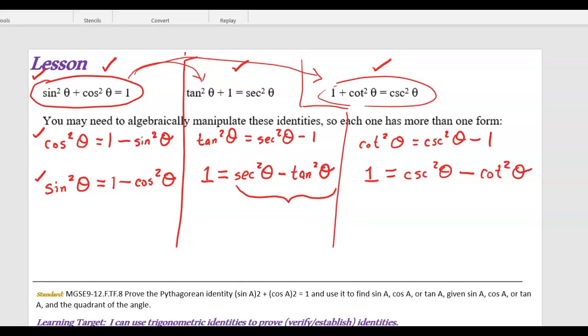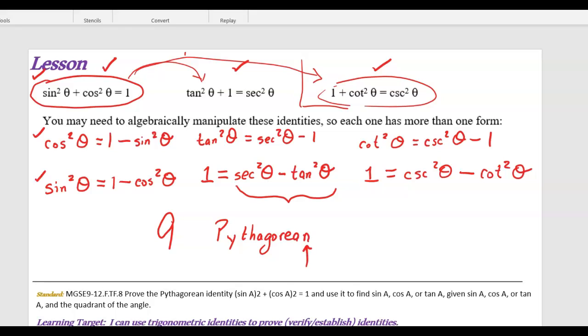So there are, in all its glory, these 9 Pythagorean identities. Now, once again, there's really only one.